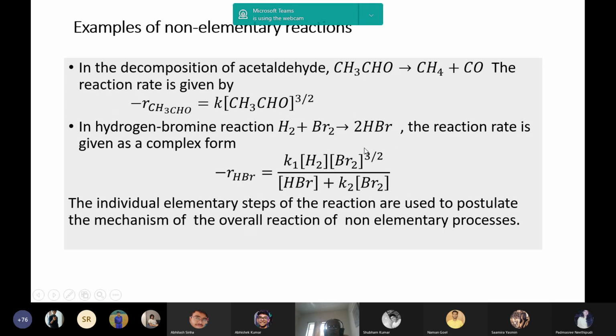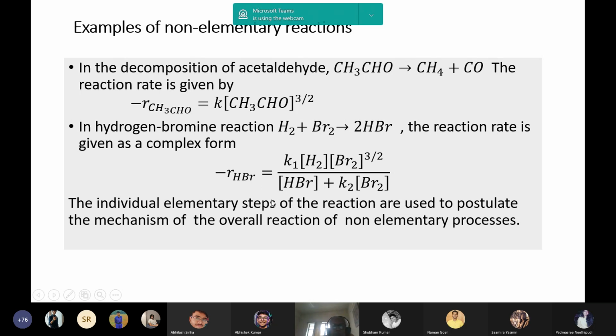As the reaction progresses, HBr will form, and it will again retard, that is, the rate of HBr formation will decrease. This is not a minus sign, this is a mistake. This R HBr is formation, so it will be a positive sign. You can correct it, or I will correct it if I remember.